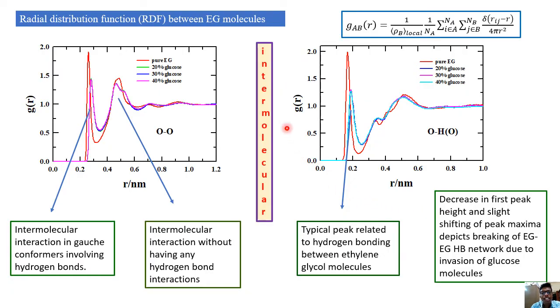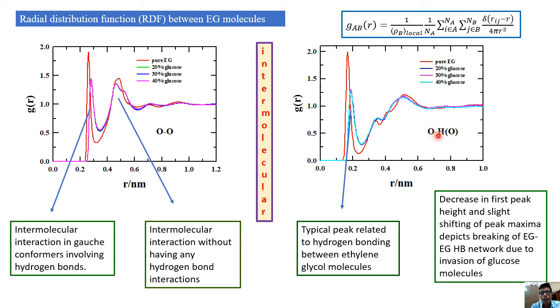For the structural study, we have calculated the radial distribution function between different atom pairs of ethylene glycol molecules. This is the RDF for oxygen-oxygen atom pairs, and this sharp peak appears due to the hydrogen bonding interaction between gauche conformers of ethylene glycol molecules, and this is due to the intermolecular interaction between oxygen atom sites where no hydrogen bonding is involved.